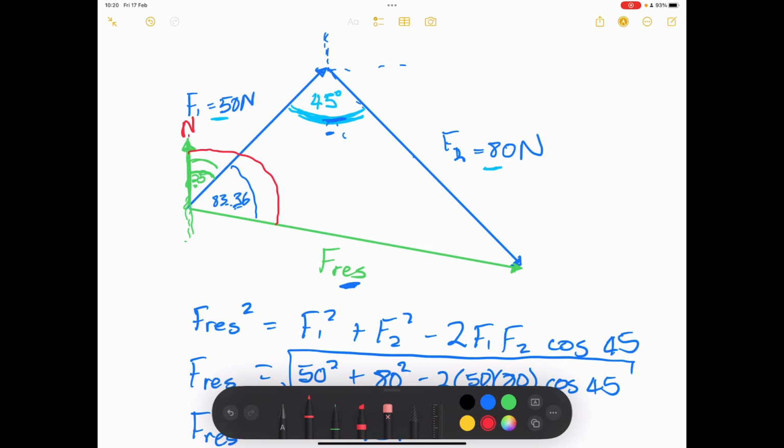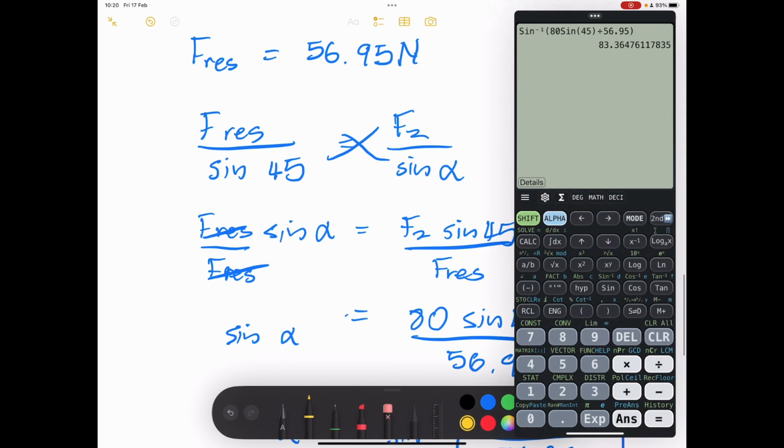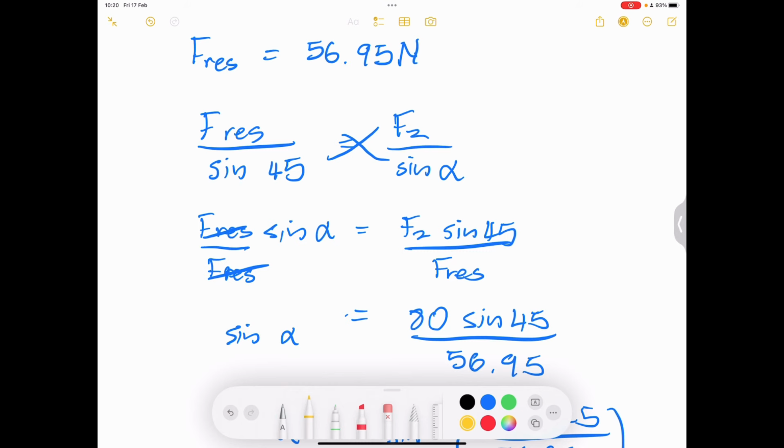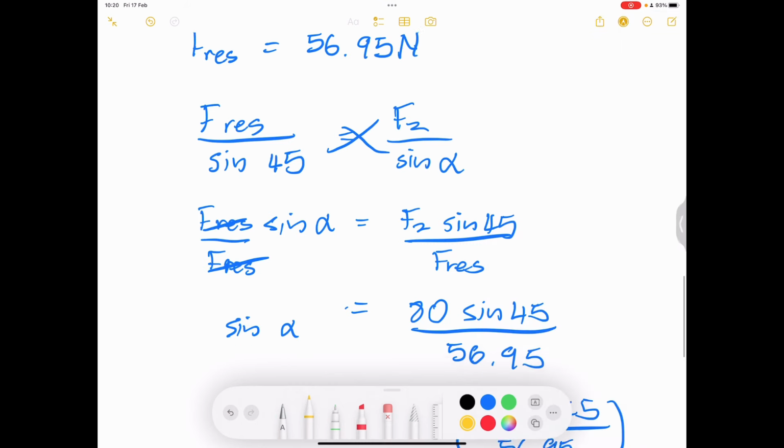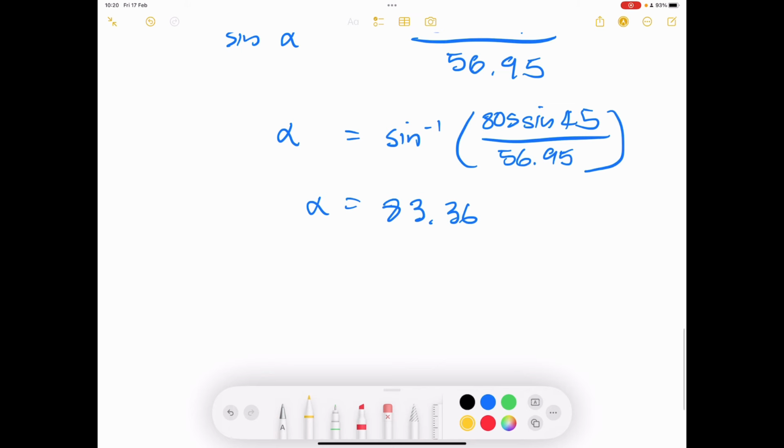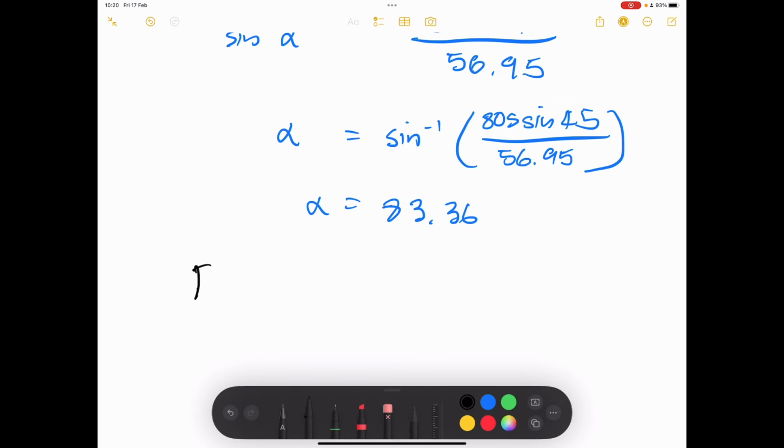From 0 there, we know this is 25 degrees from here till there, and we've got another 83.36 from there till there. So I simply add 25 degrees, and that gives me 108.36.